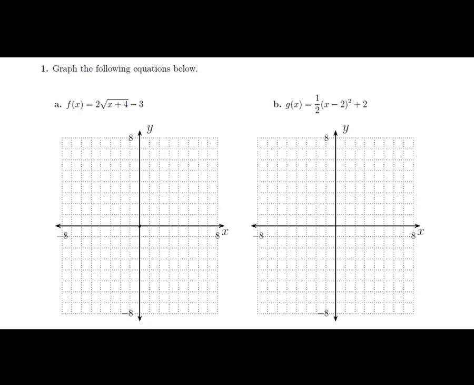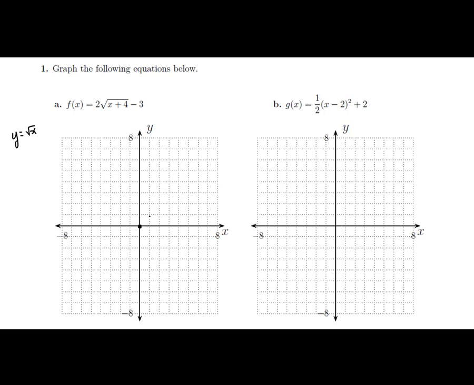So let's do a couple of examples where we apply multiple transformations. We'll start with f of x equals 2 times the square root of x plus 4, minus 3. What's helpful here is to start with the original function graphed. If I have y equals the square root of x, then we start at x equals 0. That's the first value in its domain, and of course y equals 0 there.